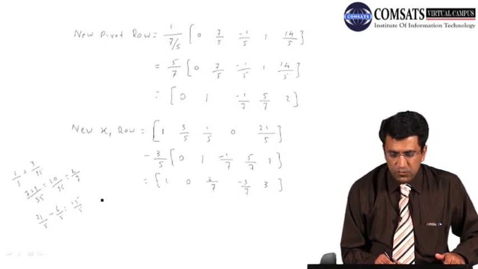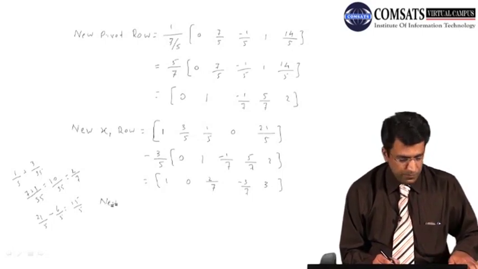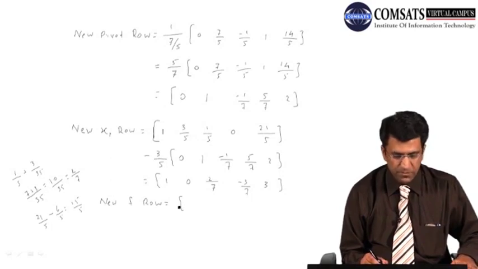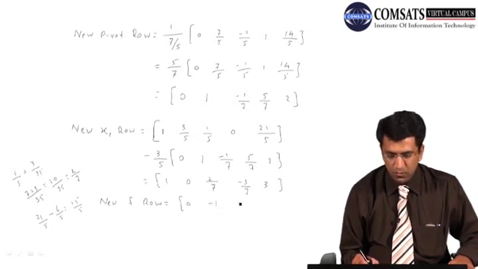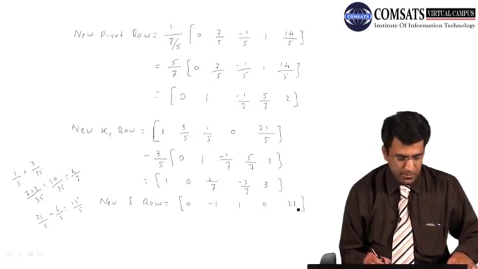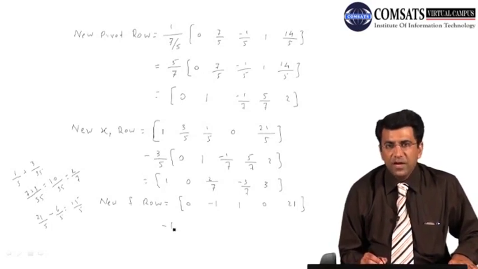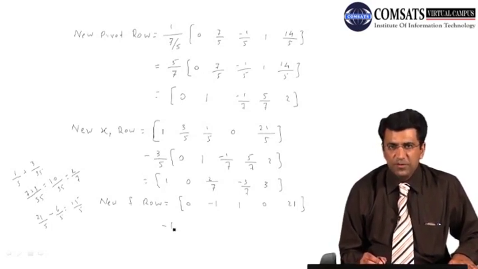Next one is the new f row. Now again we will use the same formula, that is the old f row in the previous table, that is 0, minus 1, 1, 0, 21, minus the corresponding pivot column coefficient in the previous table.